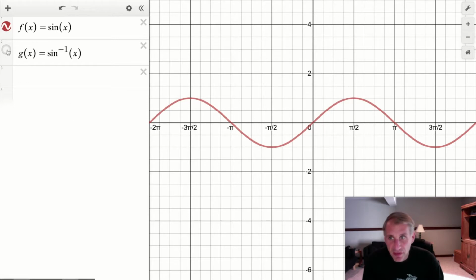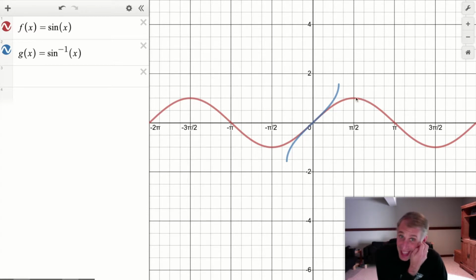So when we look at inverse sine, our inverse sine is going to have a domain of -1 to 1 that matches up with the range on the red sine graph here. Okay, and then the range of the blue graph, the y values it can take on, are going to match up with the domain that we restricted here for f of x.